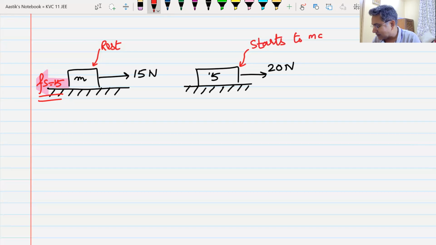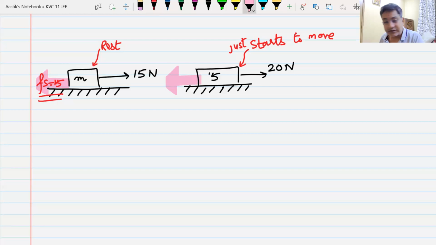When this block just starts to move, what happens, beta? This friction, which is static, which is smart, has reached its maximum level. It cannot increase further. The word that we use is "just starts to move", which means static friction has reached its maximum value.